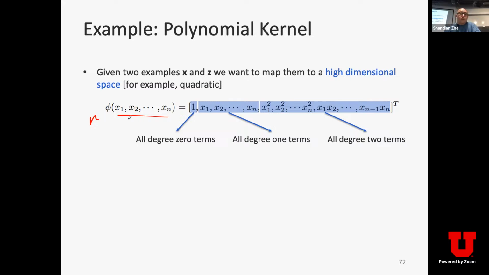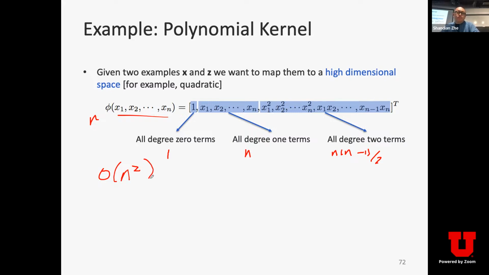The degree 0 term is 1, the degree 1 terms are n, and how about the degree 2 terms? It's n times n minus 1, perhaps divided by 2. But overall, after the feature mapping, you get O(n squared) dimensions.